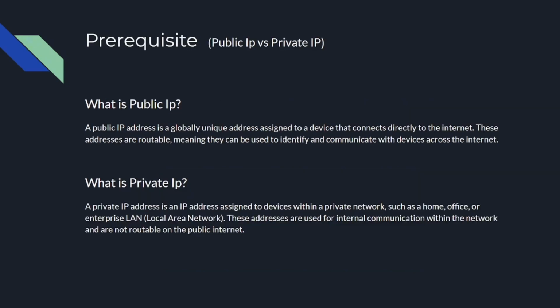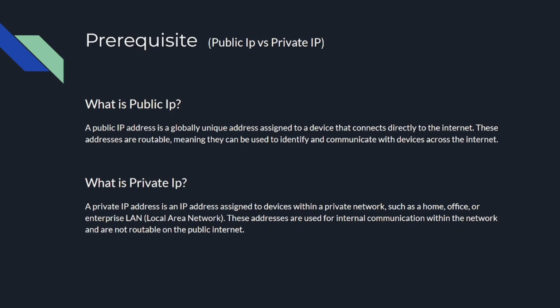There are some prerequisites so that we can better understand what NAT is. These are public IP and private IP. Here are the definitions of public and private IP. So what is a public IP? A public IP address is a globally unique address assigned to a device that connects directly to the internet.